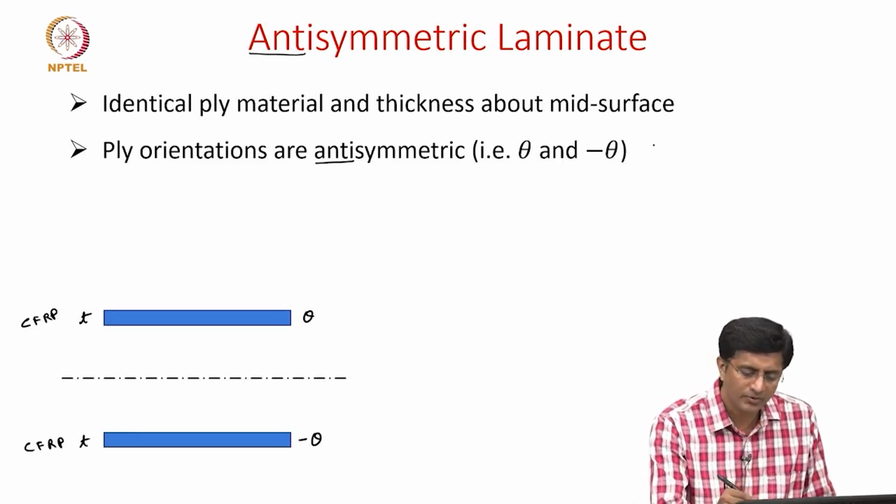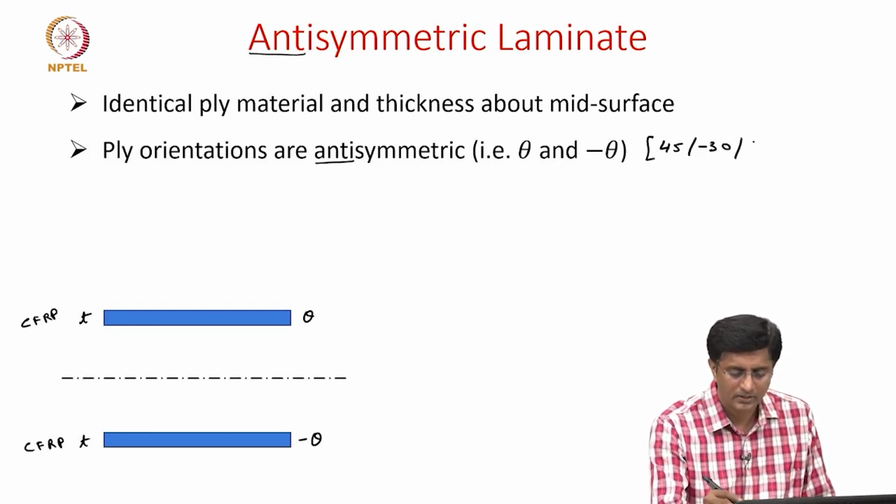So as an example, we can see something like this: 45, minus 30, 30, minus 45.